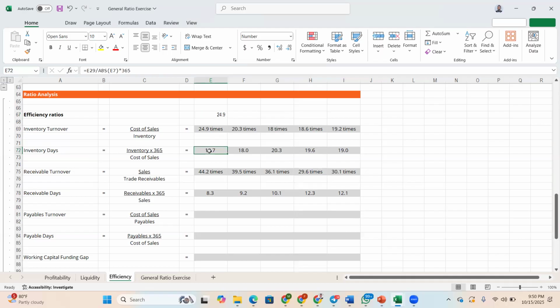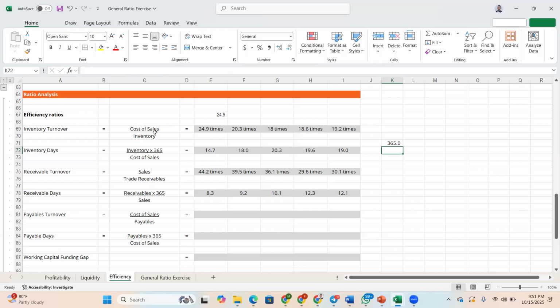It's telling you that you will sell your inventory within 14 days. Now in a year, how many times can you say 14 days? You can say 14 days 24 times, because 14.7 times 24.9 would give you 365.